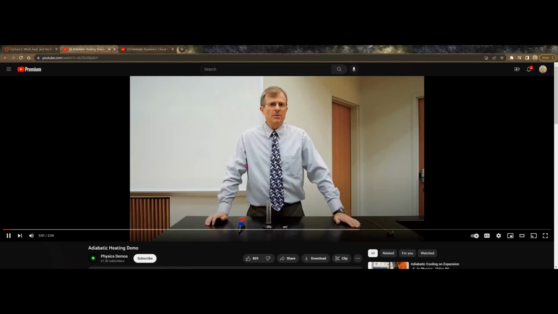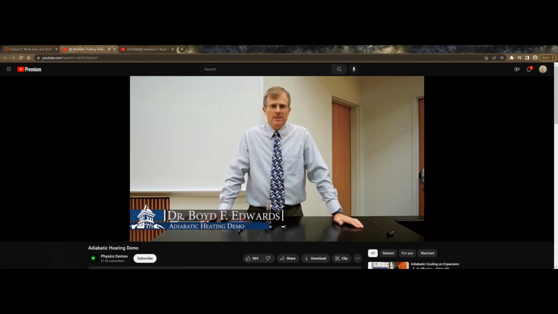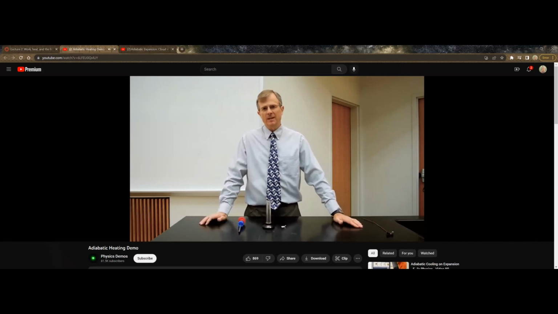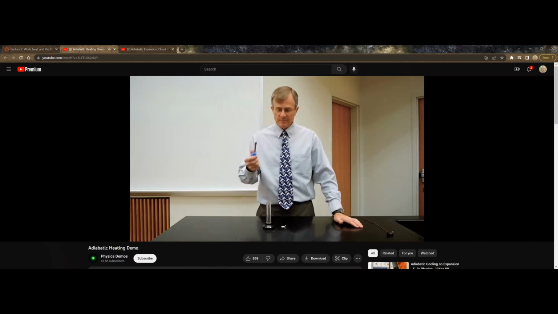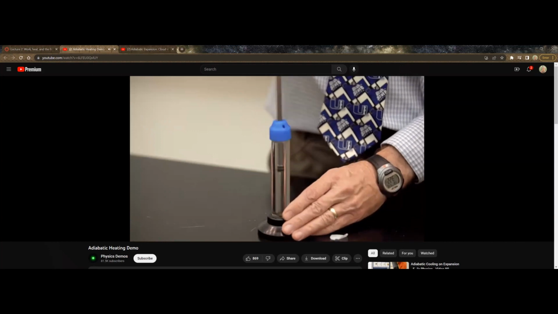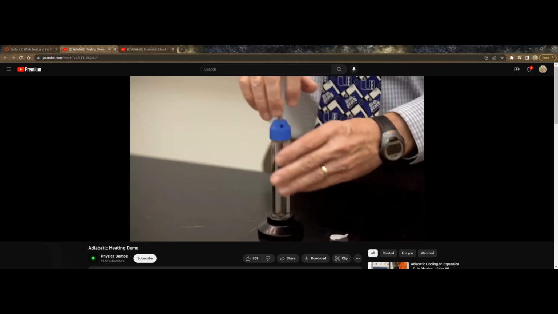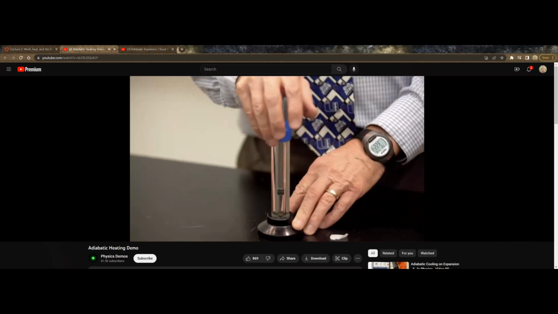This is a demonstration of adiabatic heating. Adiabatic heating is the mechanism whereby diesel engines ignite their fuel. The piston fits inside of a hollow cylinder, and during the compression cycle of the piston, the volume decreases rapidly in the cylinder.